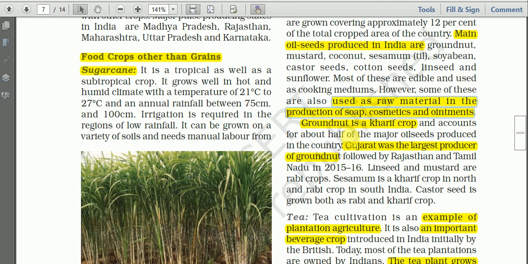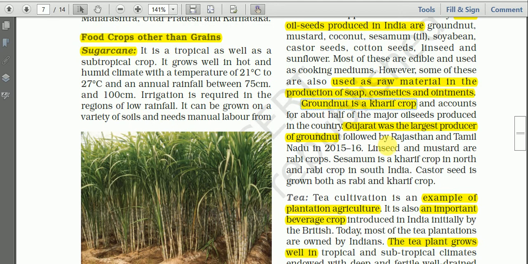And about groundnut, it is a kharif crop that is grown at the beginning of the monsoon season, and groundnut accounts for half of the major oilseed produced in India. So it tells the importance of groundnut.